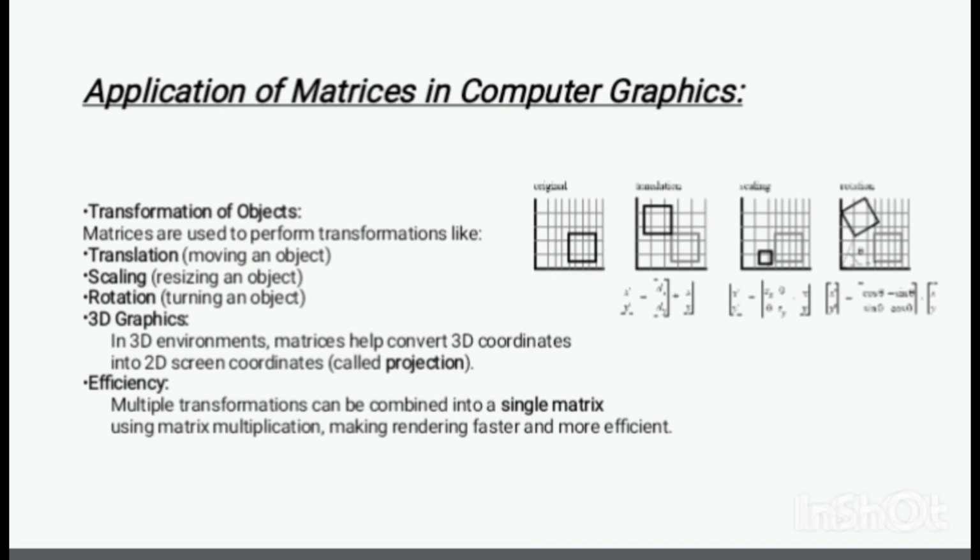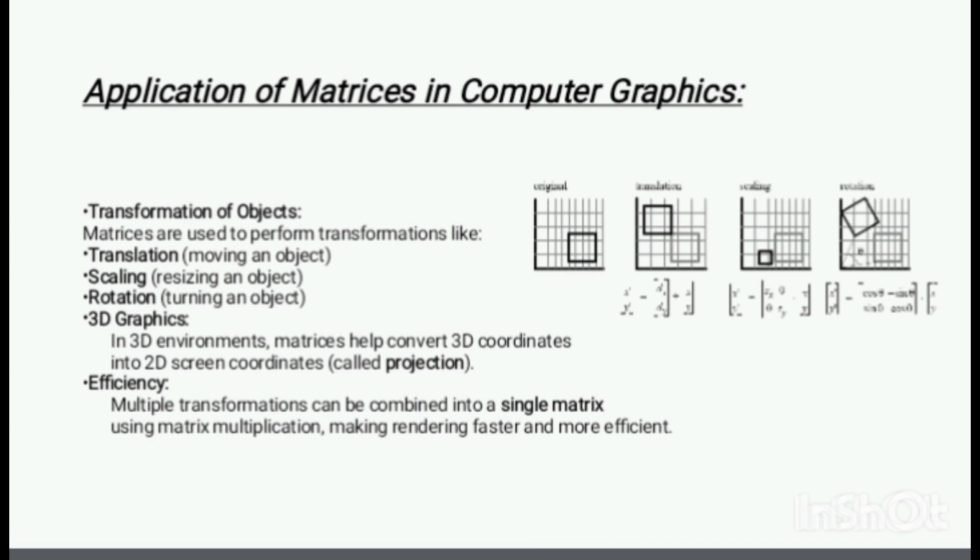Application of matrix in computer graphics. Transformation of objects. Matrices are used to perform transformations like translation. Translation means moving an object. Then scaling. Scaling means resizing an object. Then rotation. Rotation means turning an object. 3D graphics.